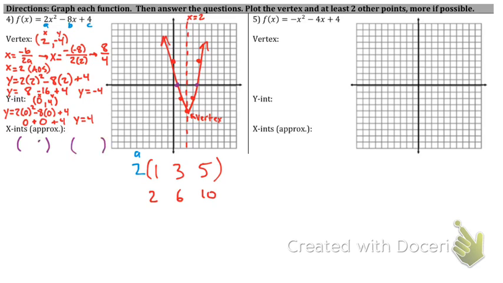When you have an x-intercept, your y value is 0. So we need an x value and a y value. So our y values for x-intercepts are 0.